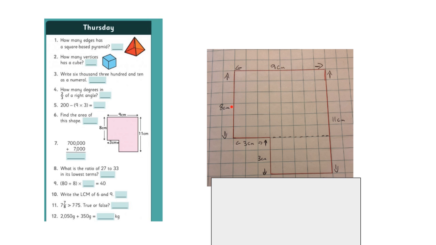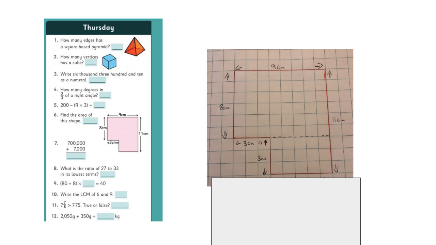So 9 by 8 centimeters is the area of that rectangle, and that is 72 centimeters squared. Now, if we look at all the other information that we're given on this side, we're told that from here to here is 3 centimeters. Okay, so we know that from here to here is 9 centimeters. So what will this be from here to here?